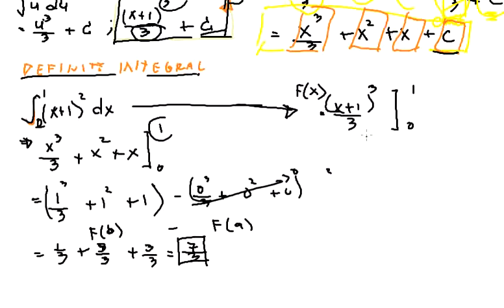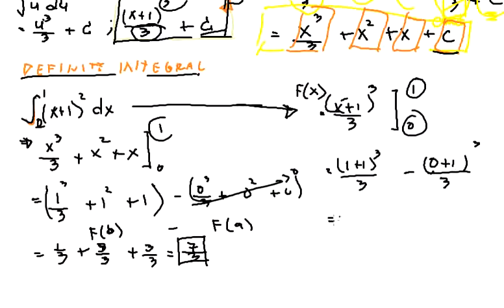So again, substitute the value of 1 to every x. So we have (1 plus 1) cubed all over 3. Then minus, substitute the value of 0 to every x. We have (0 plus 1) cubed all over 3. So what we have here is 1 plus 1 is equal to 2 over 3 cubed, minus 0 plus 1 is equal to 1.